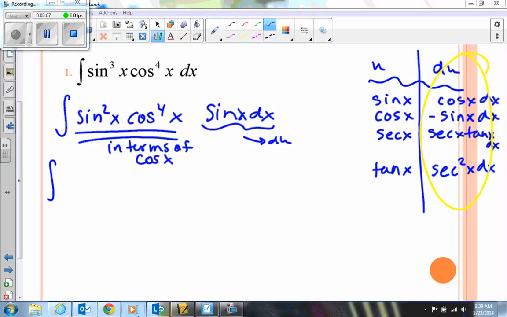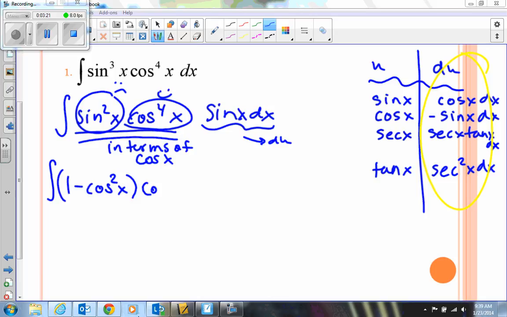Okay. So what am I going to have to do? I've already got this one. That's good. This one is not in terms of cosine. 1 minus cosine squared x times cosine to the fourth x. And then I still have that du part pulled out.